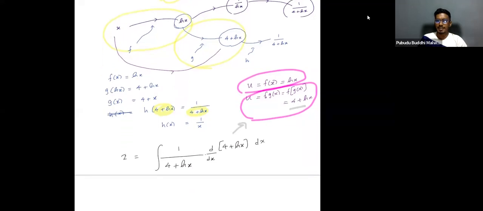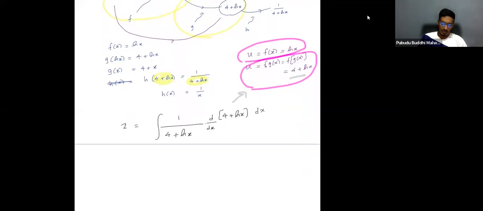Once again, we build that form. Then the substitution is u equal to 4 plus natural log of x. Then differentiate. du over dx equals the derivative of 4, which is 0, plus the derivative of natural log of x, which is 1 over x.